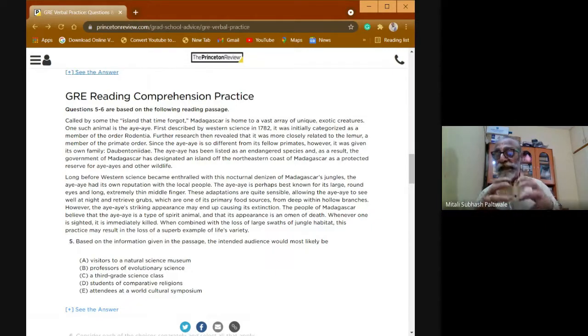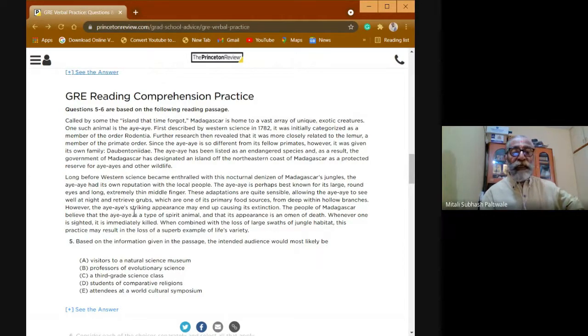Grubs are found inside the branch of a tree, right? So that is called a grub, and that was their favorite food, from deep within hollow branches.